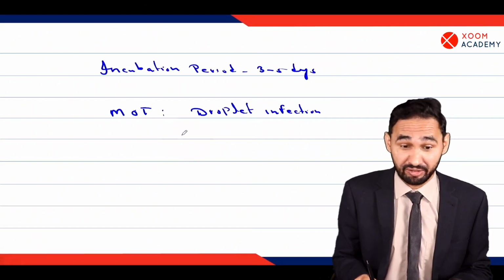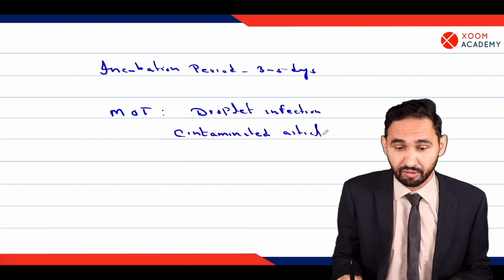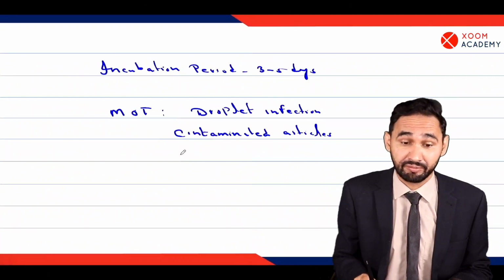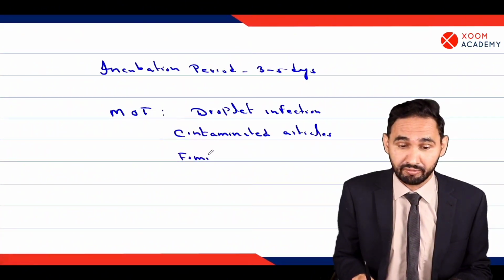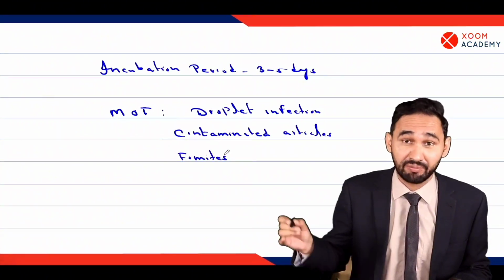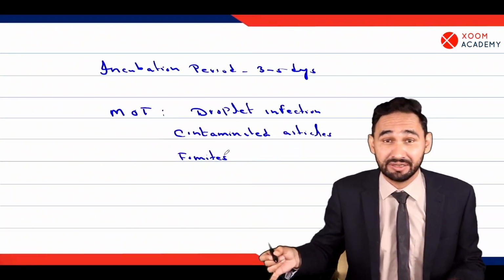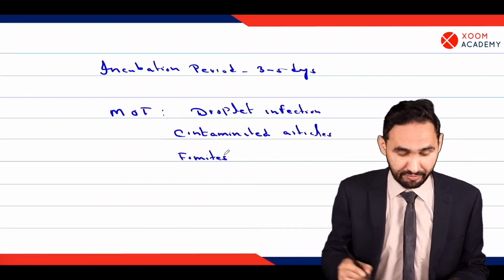Contaminated articles also spread diphtheria, like utensils, clothes. So it spreads through fomites. But the major mode of transmission is droplet infection. When a person coughs or sneezes, he can spread it through droplets, or through fomites, utensils or clothes.